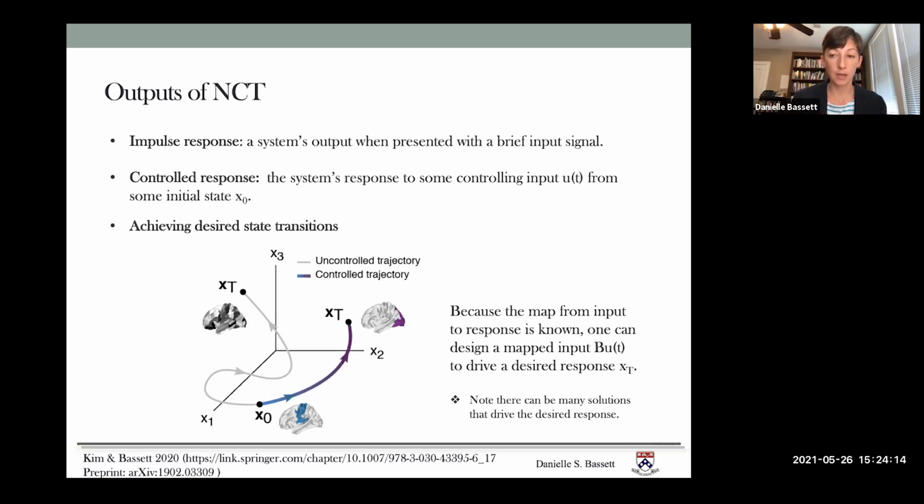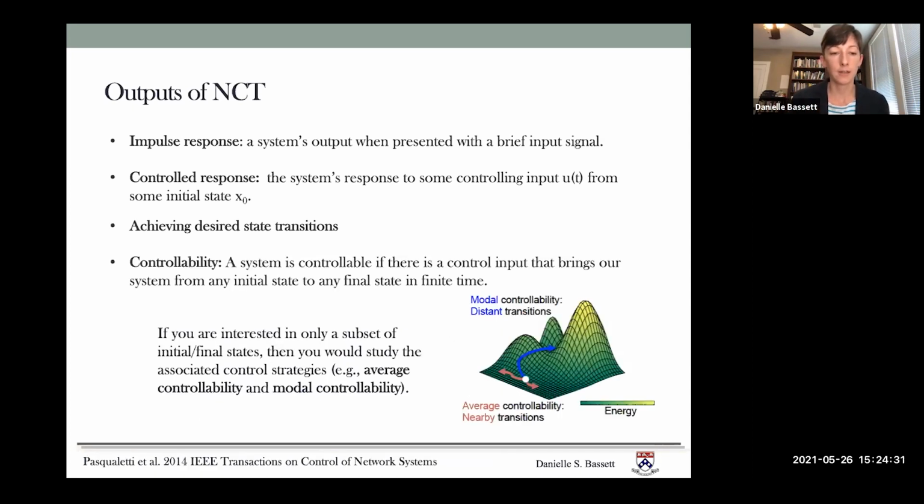And I will note here, because it's going to become important in 2 more slides, that there can be many solutions that drive the desired response. It might not be one, there might be many. And so then you can have the opportunity to decide which kinds of inputs you might want. I'll get to that again in a second.